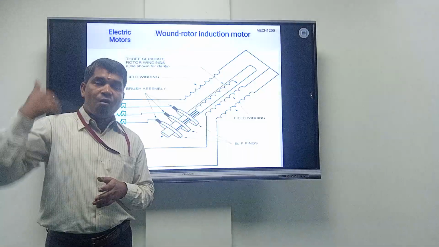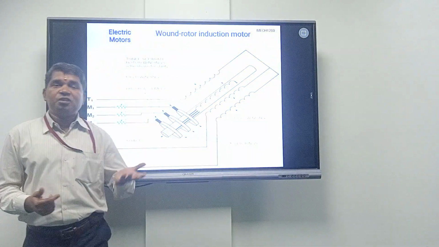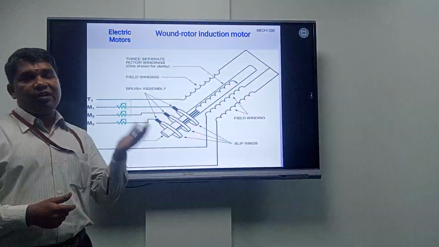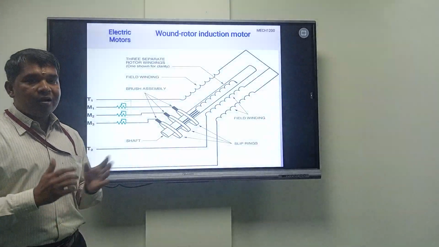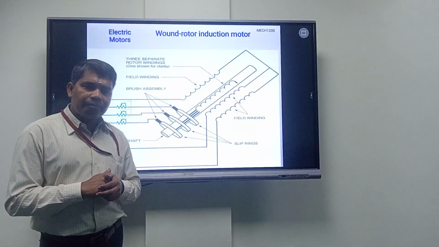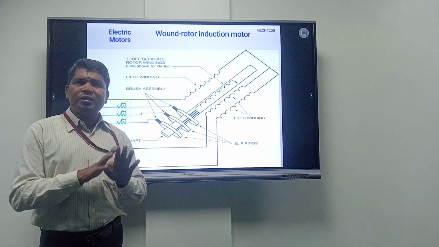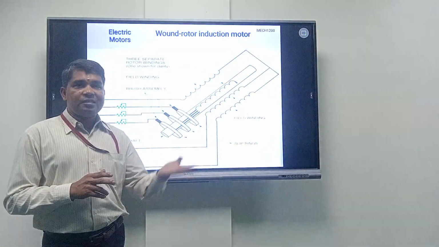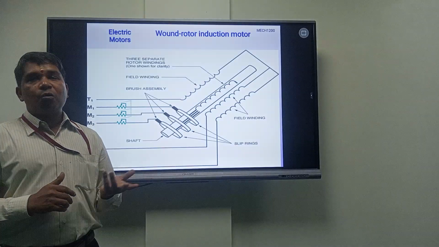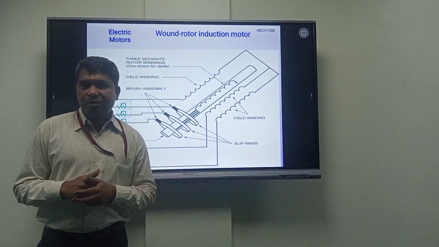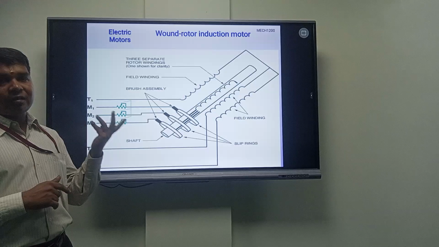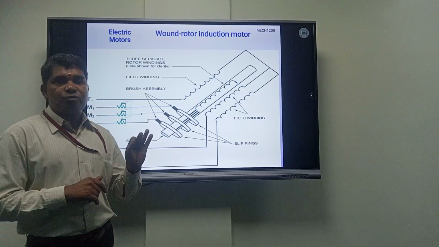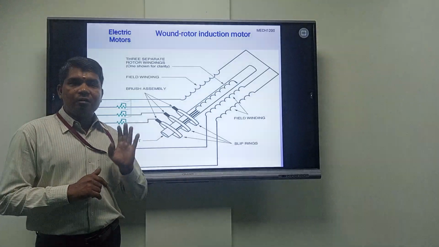In the wound rotor, we have three phase for the stator winding as well as three phase for the rotor winding. Accordingly the classification was there, and the working of the machine remains the same. In induction motor, whether it is squirrel cage or wound rotor, the working remains the same. Synchronous motor, the same thing, will run at synchronous speed as a constant speed motor.